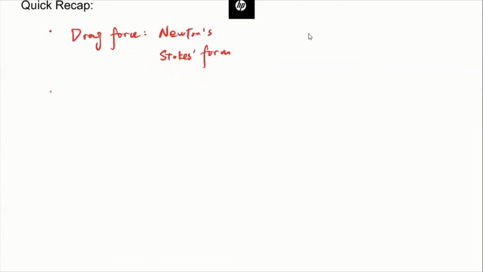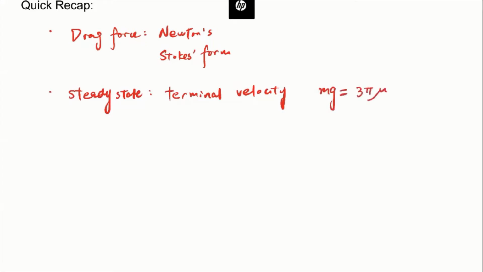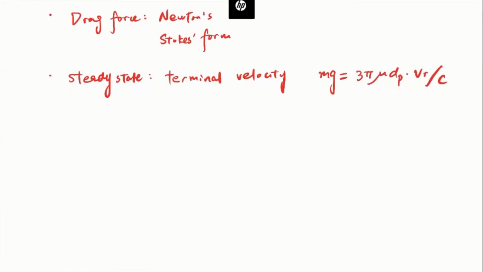Then we looked at a few steady state problems. We introduced the concept of the terminal velocity. The way we solve that is by equating the drag force with the gravity, 3 pi mu dp VR divided by C. Based on this equation, we can calculate what is the VR.